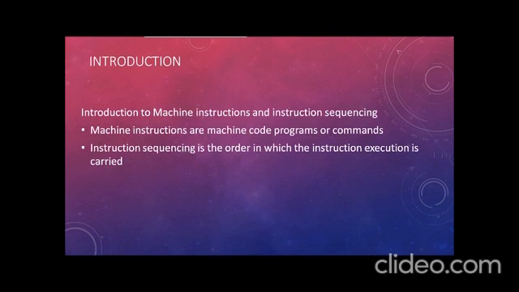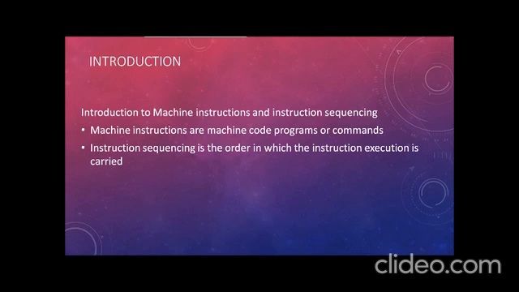Now, what is meant by machine instruction? Machine instructions are machine code programs or commands. Machine code or machine language refers to a computer programming language consisting of strings of zeros and ones, that is binary code. Next, what is meant by instruction sequencing?